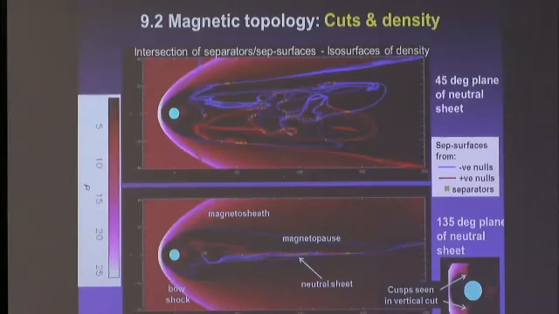So very quickly, if you look at cuts of basically the topology, we've taken the 45-degree angle, so this is the plane, same angle as the interplanetary magnetic field, and this is density, so this is the bow shock here. We get an increase in density, but as you can see inside, the red cuts through the separatrix surface, blue cuts through the separatrix surface.